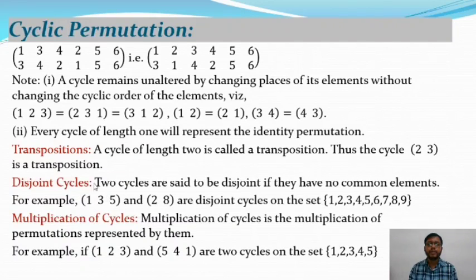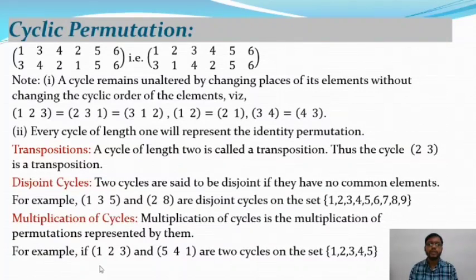After that we will discuss the multiplication of cycles. So here is the definition: multiplication of cycles is the multiplication of the permutations represented by them. For example, (1 2 3) and (5 4 1) are two cycles on the set 1, 2, 3, 4, 5.